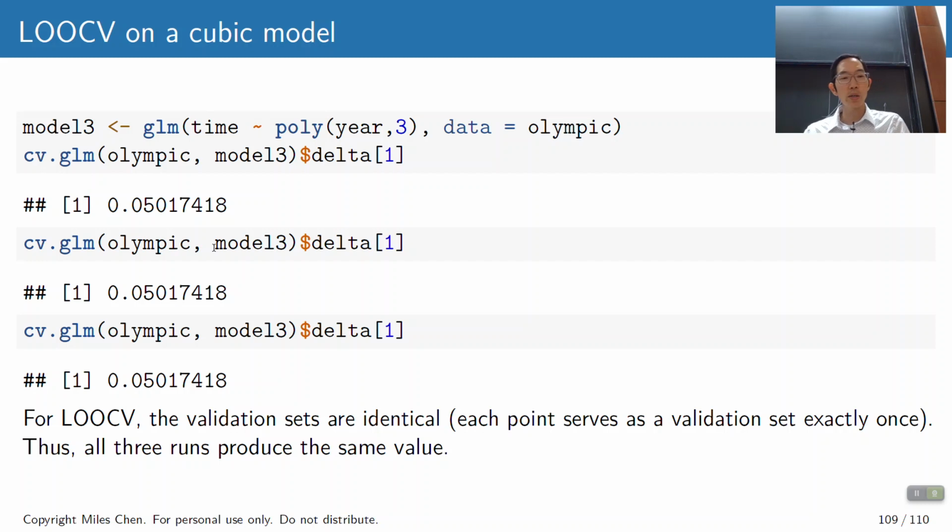Whereas if we do leave one out cross-validation, we get the exact same score every single time. That's because there's no randomness there. Every observation serves as a validation point every single time.